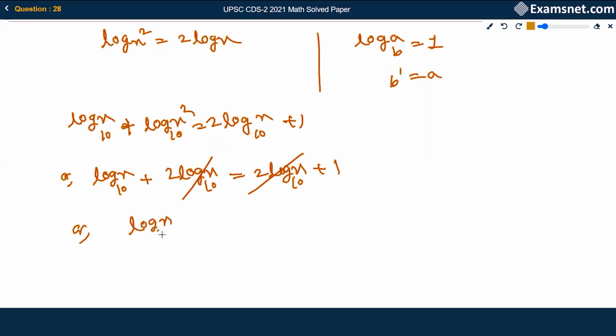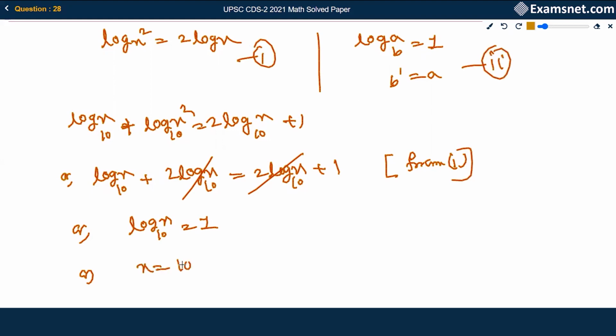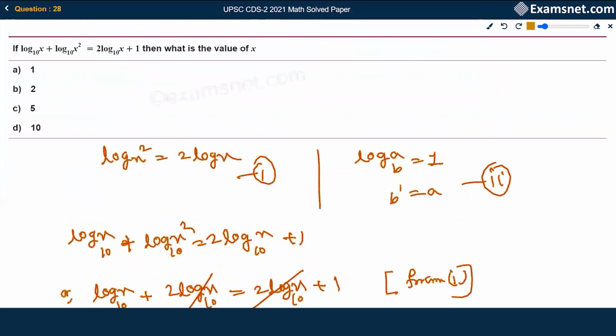Here log x to the base 10 equals 1. Let's name it 1 and 2. So from 2 we can write x equals 10 to the power 1. That means x equals 10. So the value of x is 10. Option D is the correct answer.